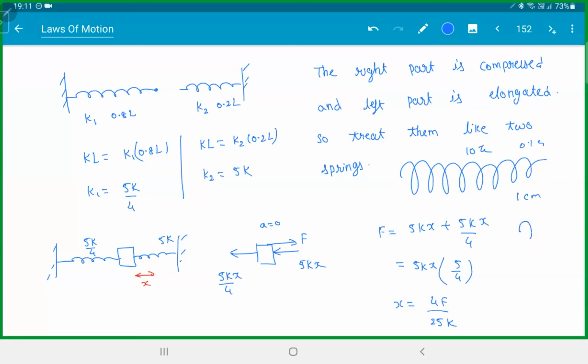But what if you have only 2 turns? Each turn will stretch by 0.5 centimeter. Isn't the wire more stretched? It is under more tension, isn't it? That's why the spring constant will be more.